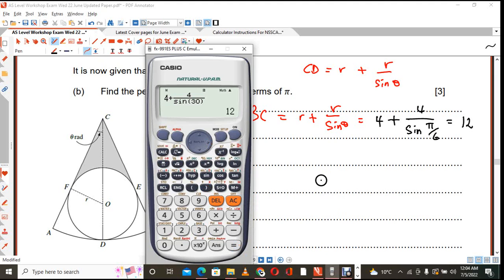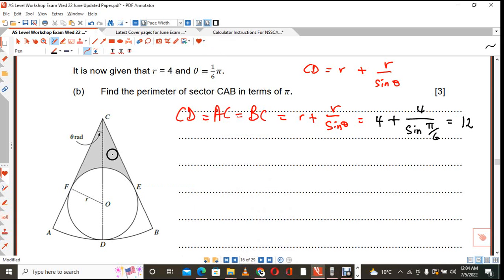You still get the same answer, but let's keep our calculator in radian mode. The whole distance there will be 12, because it's the same as that distance there. Also, that distance there will be 12. So I have the 24 already.